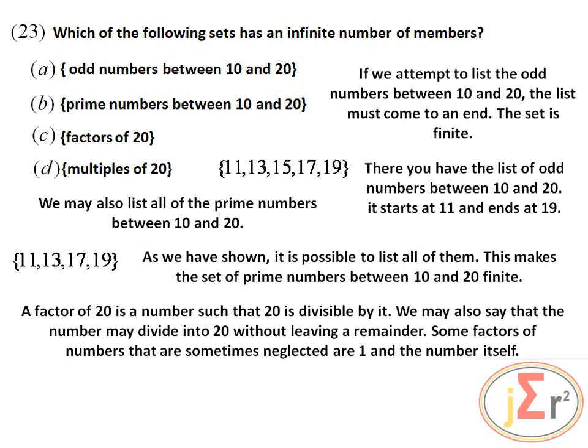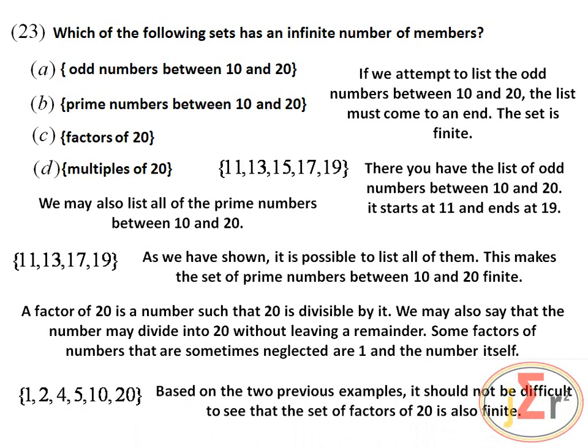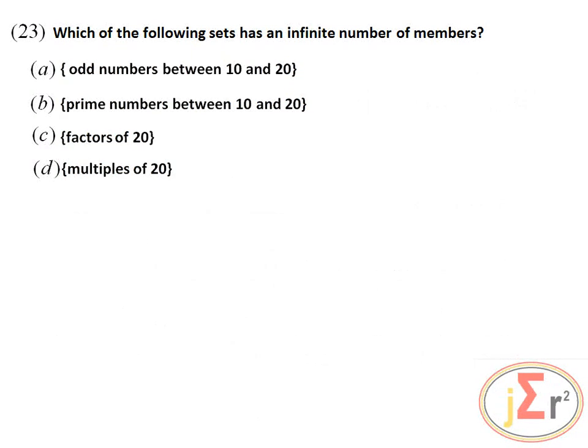So in the list of factors of 20, we will be careful not to leave out 1 and the number itself, which is 20. 20 will go into 20, no doubt. So there we have the list of the factors of 20. Based on the two previous examples, it should not be difficult to see that the set of factors of 20 is also finite. No problem with that.